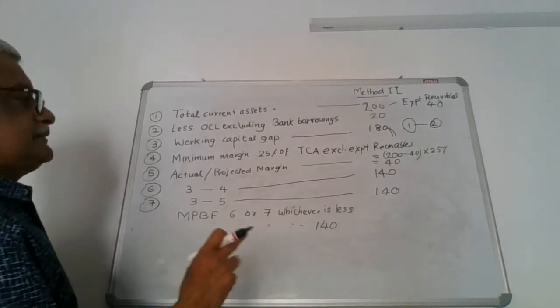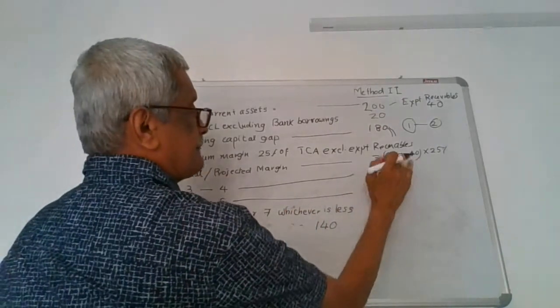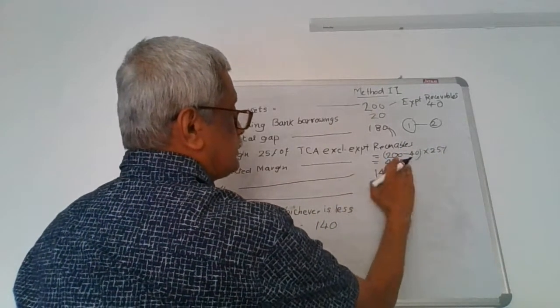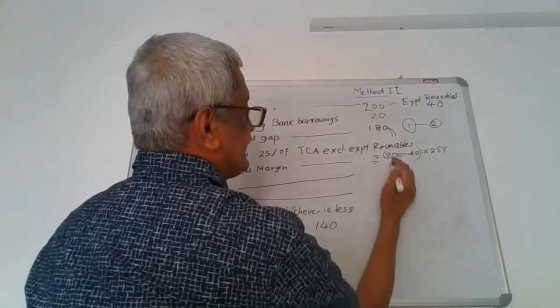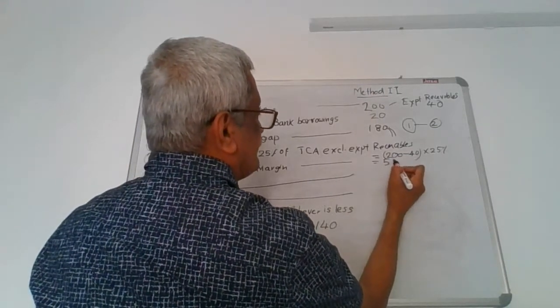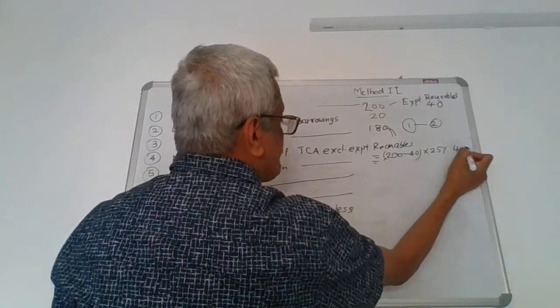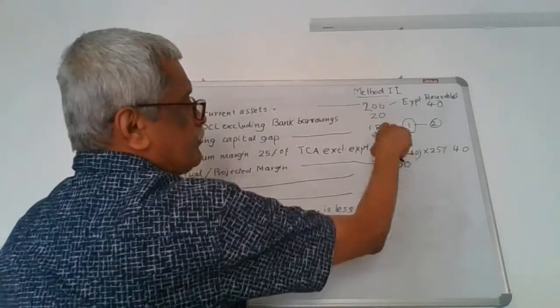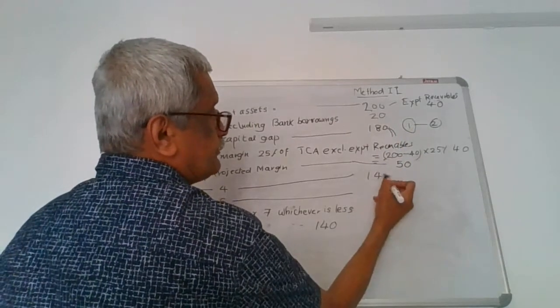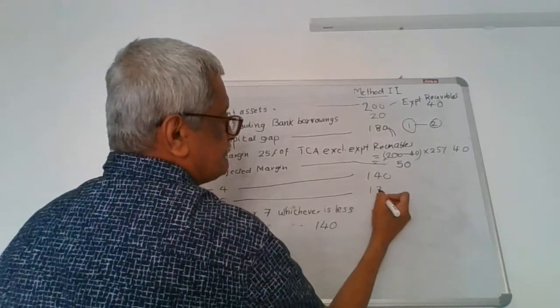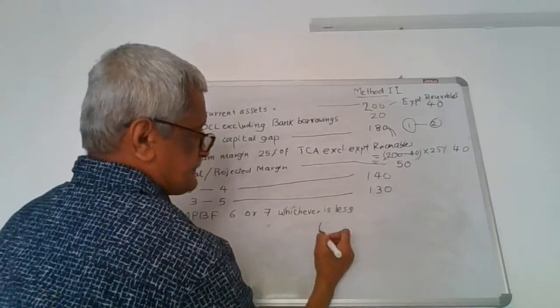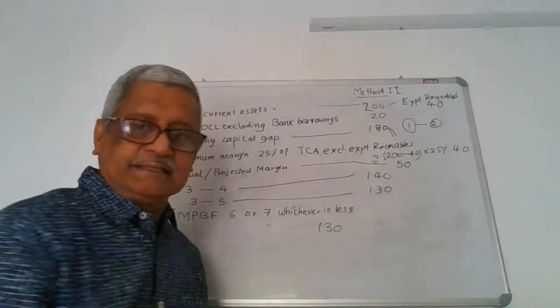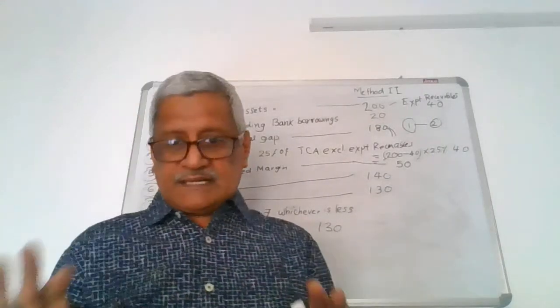Suppose the customer is willing to bring in more than this. In this case, this will be 40. Actual or projected margin will be 50. 180 minus 40 will be 140. 180 minus 50 will be 130. Customer will be getting 130. Hope you have understood.